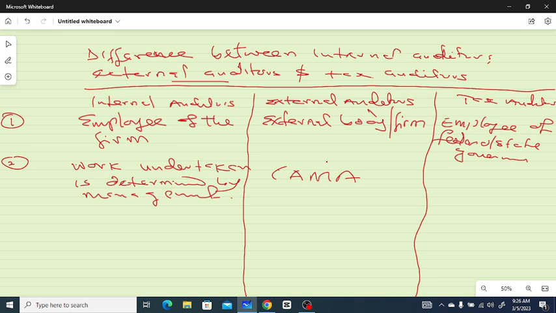So the external auditor will work based on that, not that the company will give him the scope of the audit. Then the tax auditor. The tax audit is carried out to enable the tax auditor ascertain whether the taxable person has complied with the provisions of the relevant tax law. This is just for compliance.